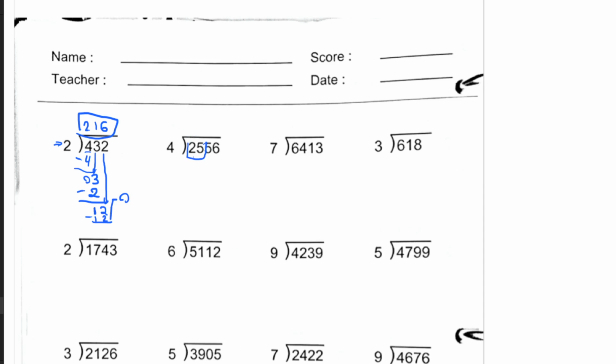Your book says what we should do if we can't go into here is we should put a 0, just to say we can't go into the thousands. And so now we're looking at 2500. So our answer will come over here. Can 4 go into 25? Yes, it can. And if we know our multiplications, we should know that this will be 6.